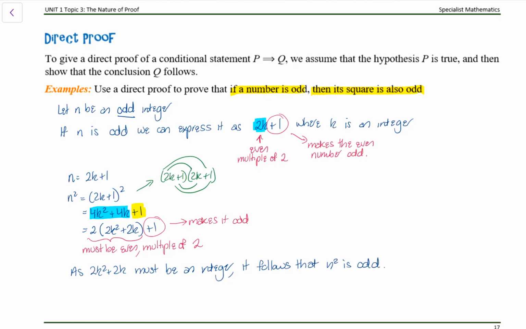So we've now proven that if a number is odd, then its square is also odd. And we're done.